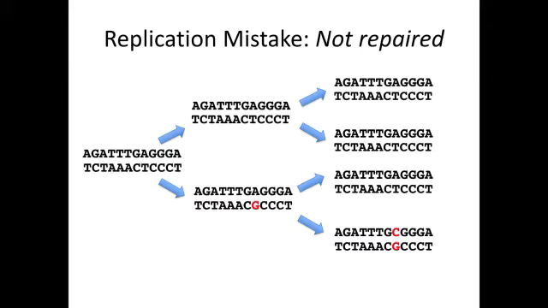So how those replication mistakes are perpetuated is shown in this diagram here. Here you might have a nucleotide sequence that is normal, not mutant, for example, and then DNA replication occurs, and one of the strands gets replicated up here, and the other strand gets replicated down here, and then this is the template, and the nucleotide that gets placed at this position is wrong. All right. Now, DNA polymerase usually will identify that and fix that mistake, but that's not always going to be the case.